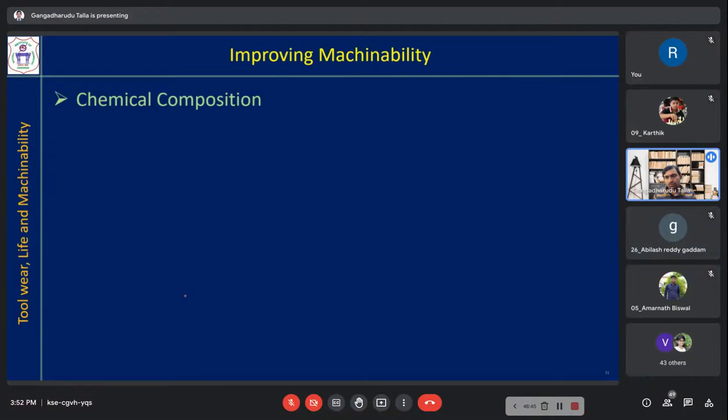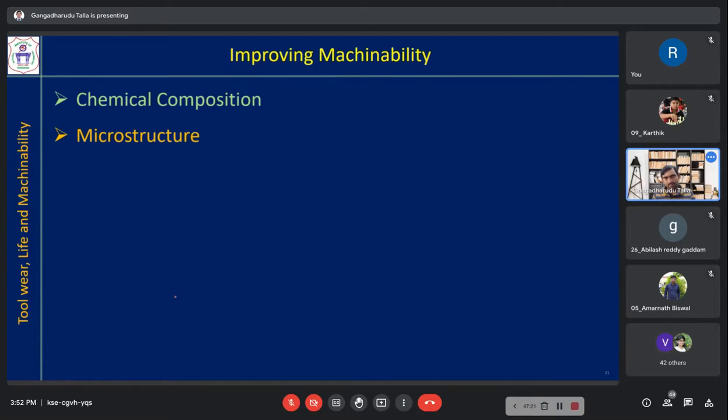By varying the chemical composition of the cutting tool, that means putting in some foreign material like chromium, vanadium, manganese, cobalt, etc., hardness, corrosion resistance, wear resistance, etc., will increase for the cutting tool. Then you will get good machinability. Understand? So that is by varying the chemical composition.